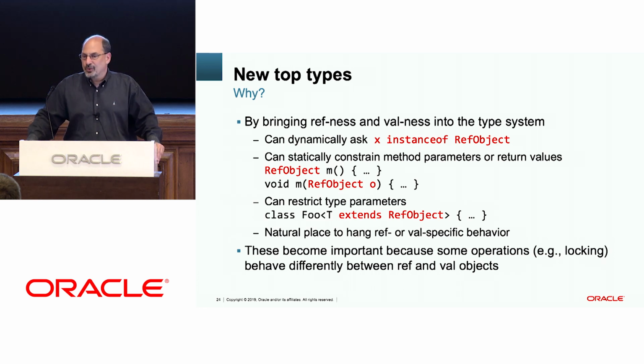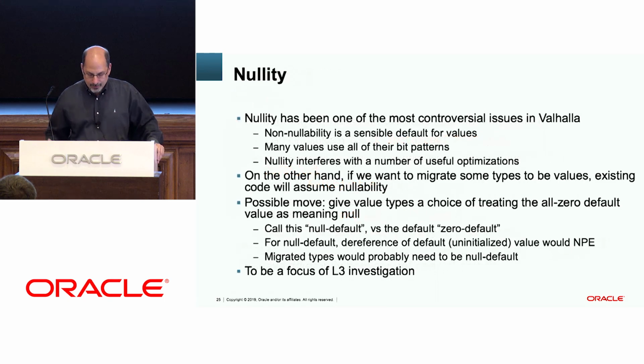Don't try to instantiate this with a value type, because that's not going to work. Given that we use types for all of these things already, it makes sense that types be the natural way to express these things. So this is one of the things that we are currently discussing, and that you might hear more about as time goes forward.